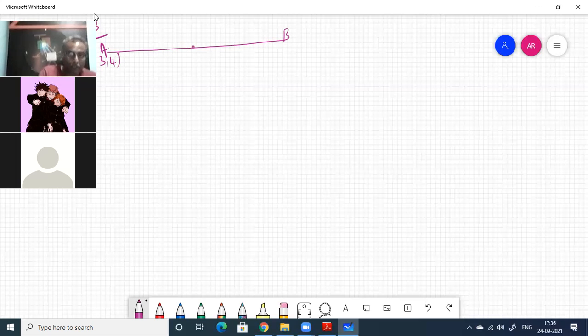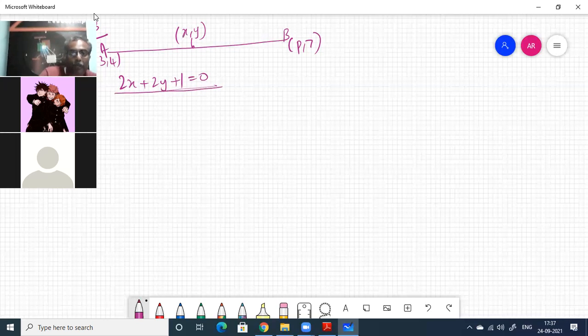The line is joining 3, 7, and the midpoint, let us say this is x comma y, lies on 2x plus 2y plus 1 equal to 0. That means this equation and this point are going together. What will be the value of p?